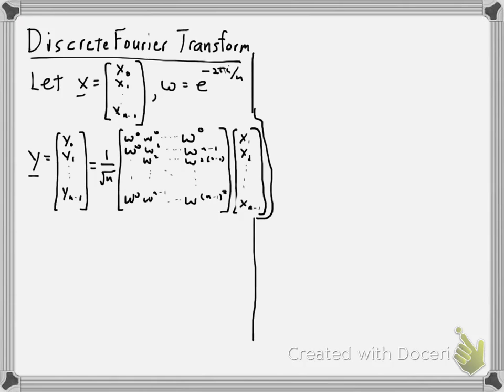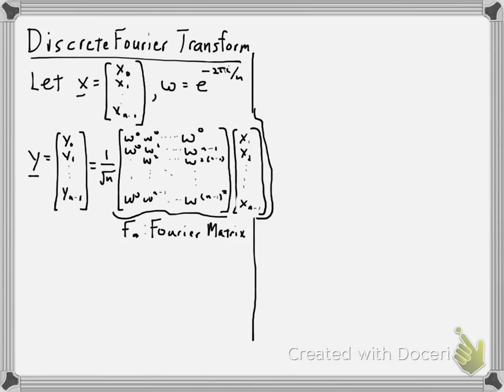And so this matrix that is multiplying the vector x, including the factor 1 over root n, I'm going to label as F sub n, and this is the Fourier matrix. Okay, so really it's a matrix made up of complex numbers, and you can see that it is a symmetric matrix and how it's defined.